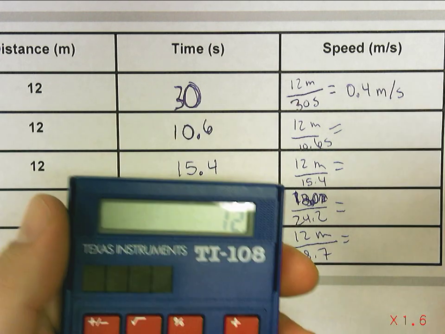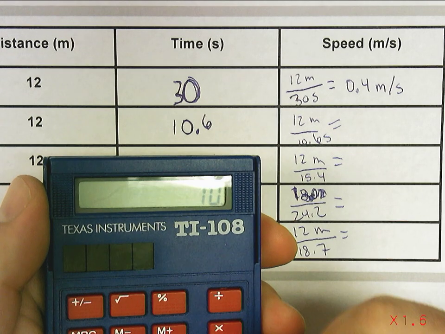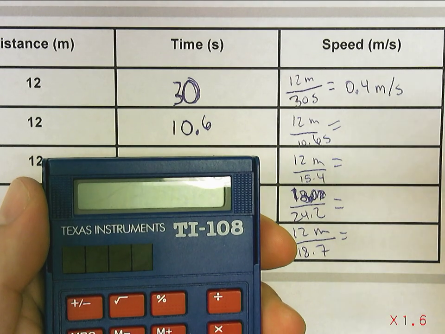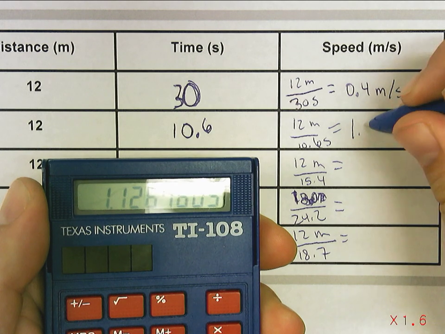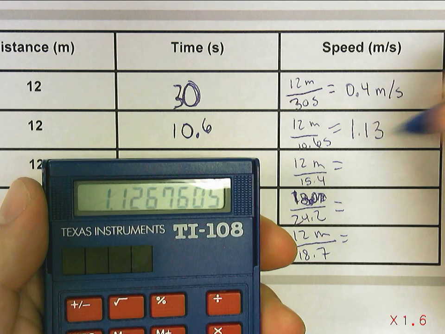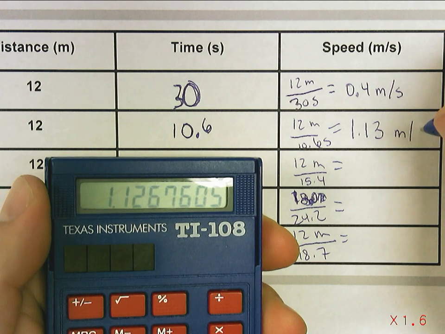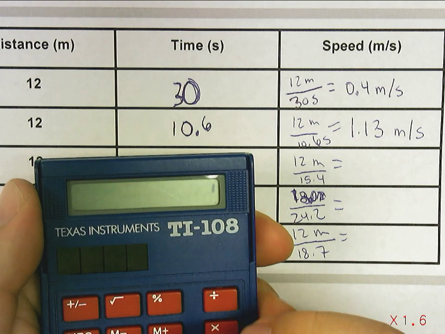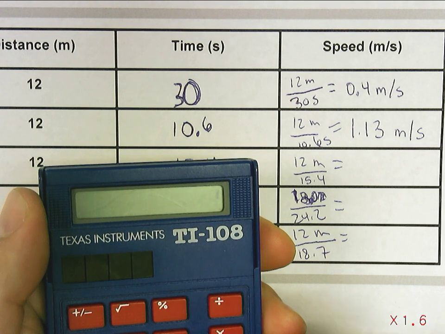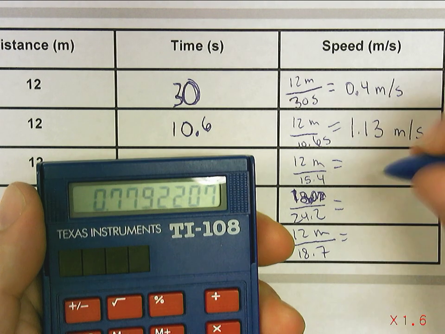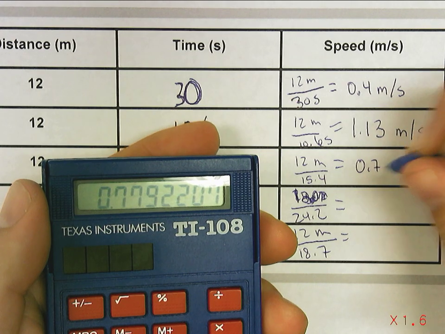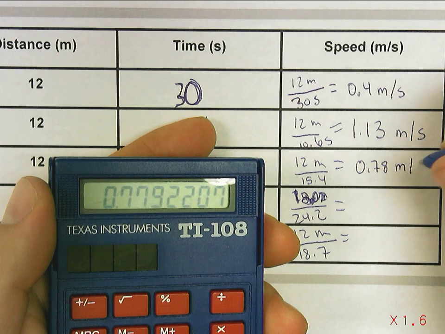Moving on to the second one, 12 divided by 10.65 equals 1.13 meters per second. 12 divided by 15.4 seconds equals 0.78 meters per second.